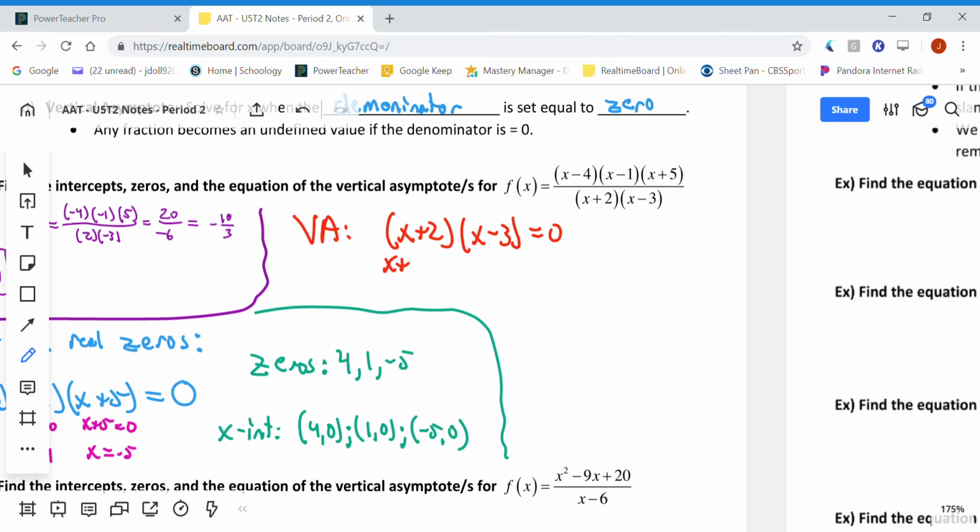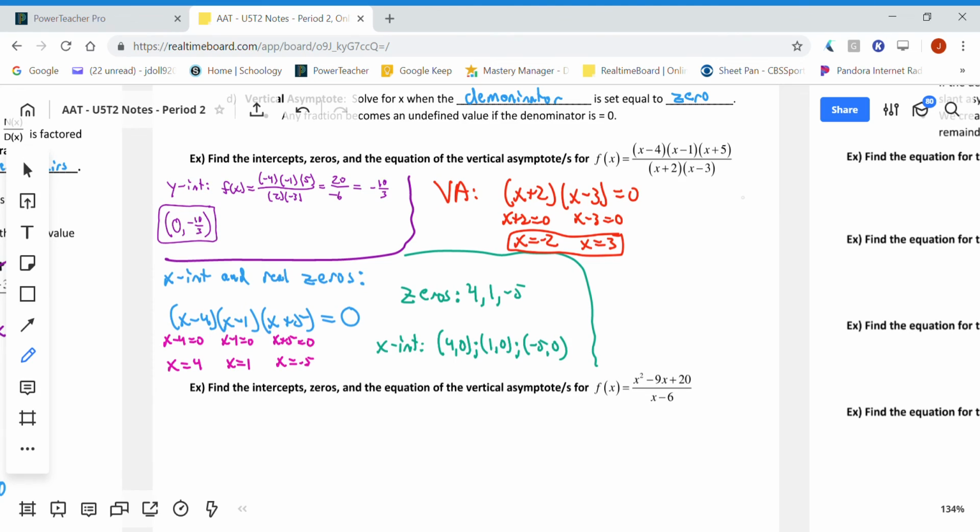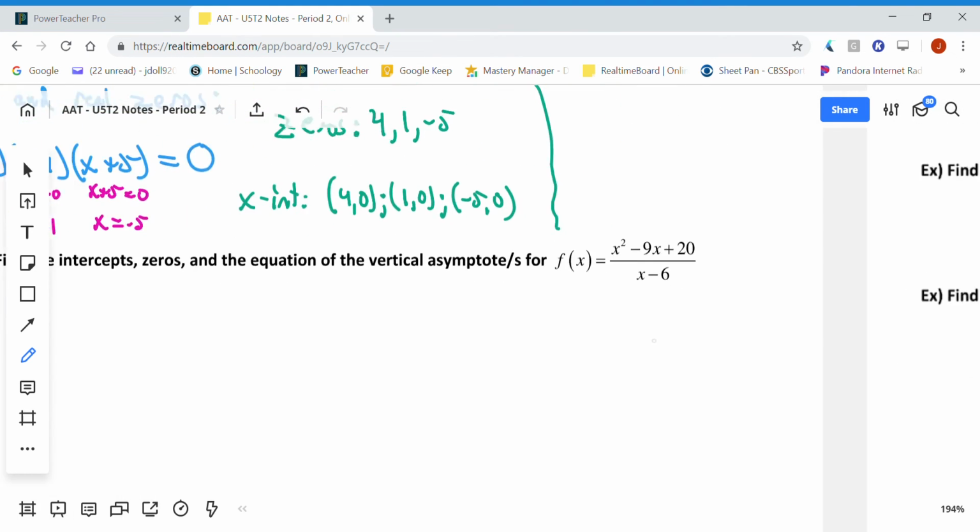So you see x plus 2 equals 0, so x equals negative 2, or x minus 3 equals 0 using zero product property, and x equals 3. These are the equations of my vertical asymptotes. I have a vertical line at negative 2 and a vertical line at positive 3 for the asymptotes of this function. So there we go: y-intercept, x-intercepts, zeros, and vertical asymptotes.